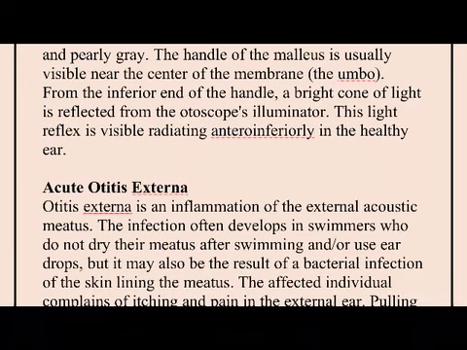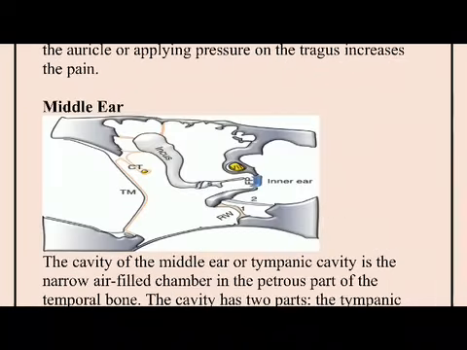So you have bacterial infection of the skin lining the meatus, and such affected persons complain of itching and pain in the external ear. Pulling the auricle or applying pressure on the tragus increases such pain.